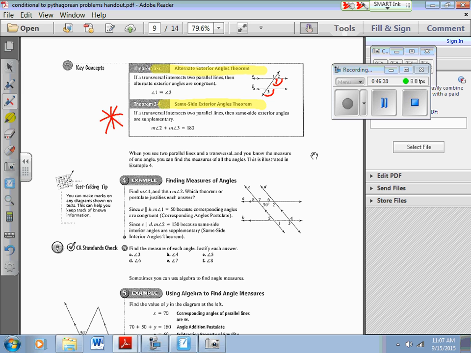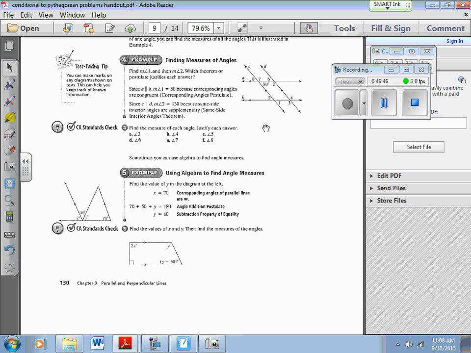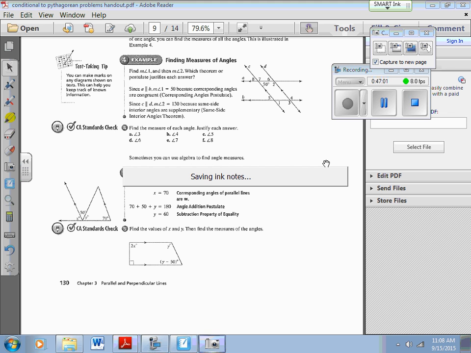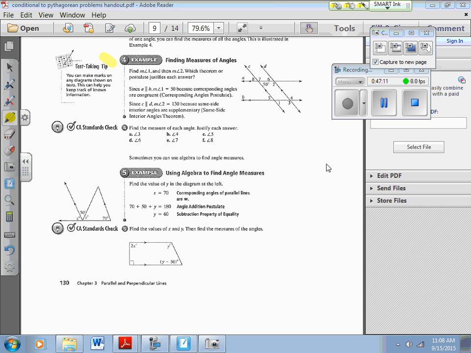Now, take a look at this example right here, example number 4. Can you guys read example number 4 to yourself? And I'm going to set myself up to do something real quick. I like this test tip right there for you guys.